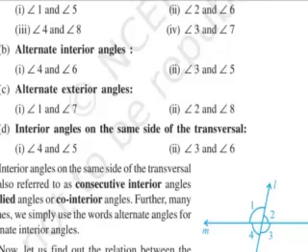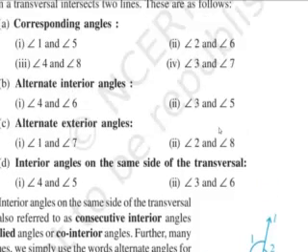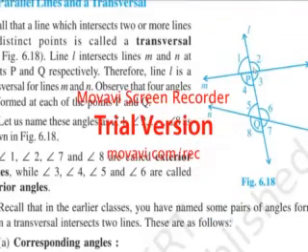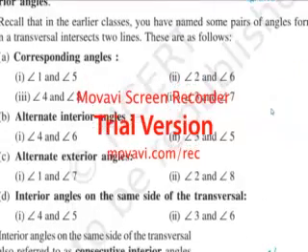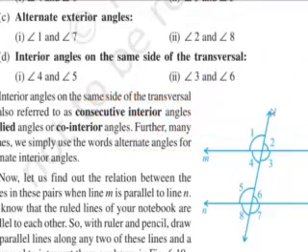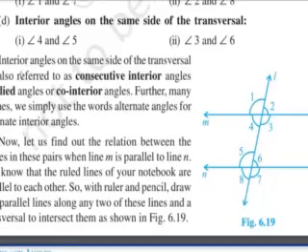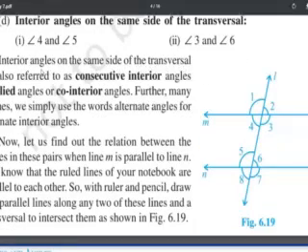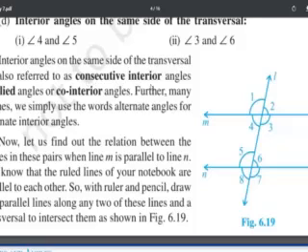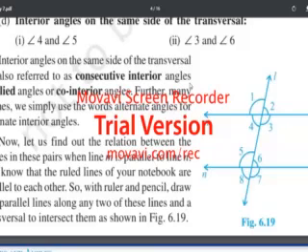Now if you see here, it has been said interior angles on the same side of the transversal line. Same side means 4 and 5 become interior angles on the same side of the transversal line. 3 and 6 also become interior angles on the same side of the transversal line. Interior angles on the same side of the transversal are also referred to as consecutive interior angles, in short co-interior angles, or allied angles.